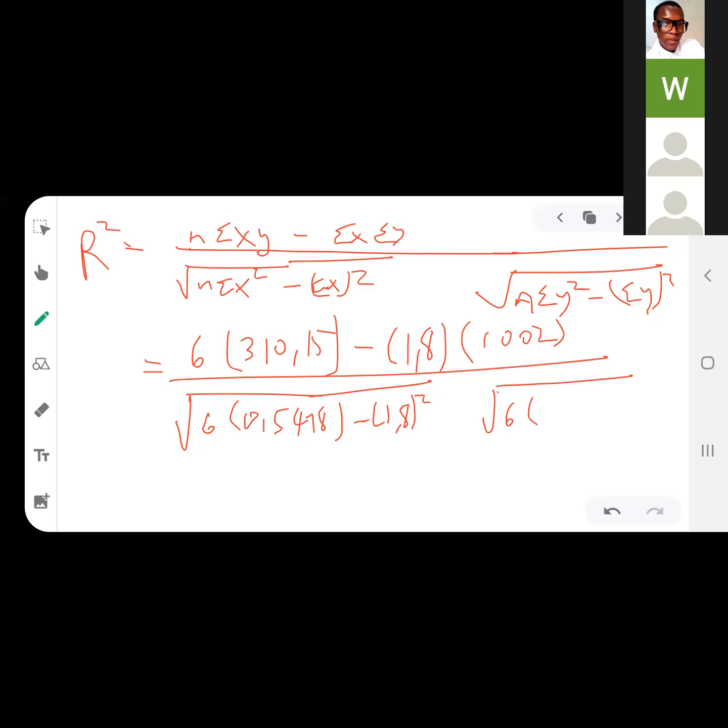You press shift, 1, 3, and then the sum of y squared. I don't know if it's option 4 or what. No, it's option 3, because the sum of x squared is option 1.